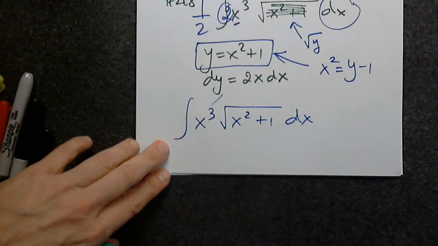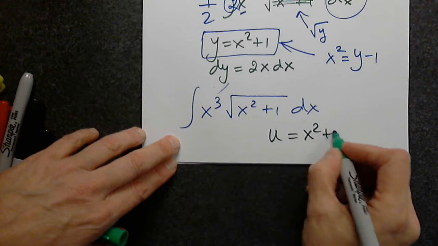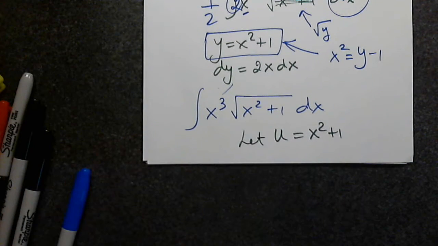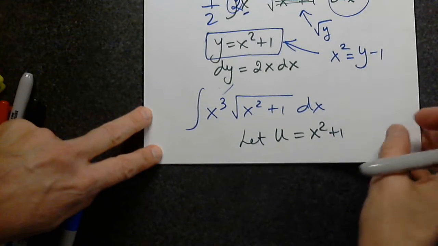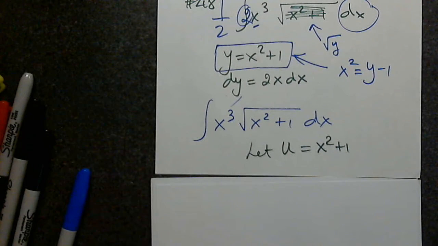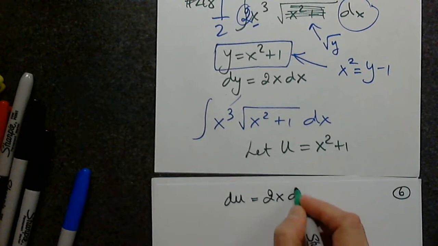So just every now and then, let's use also the notation from the book. They don't like y, they like u. Fine. I'm going to say let u be x squared plus 1. But I'm on the right track if du is in the problem, because otherwise I won't be able to make it up. So du equals 2x dx.